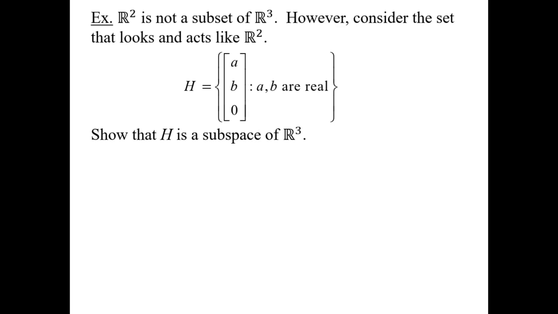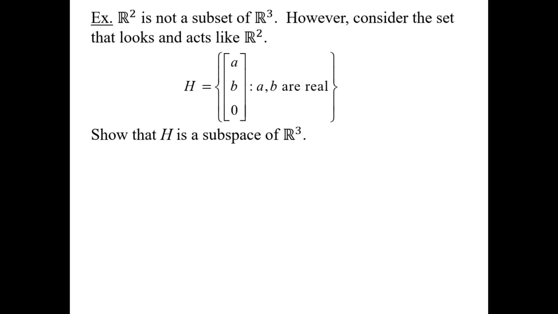So if I consider all the vectors in R cubed where the third component is just a 0, I'm going to call that subset H. Here a can be any real number, b can be any real number. It's just that the third component is 0.